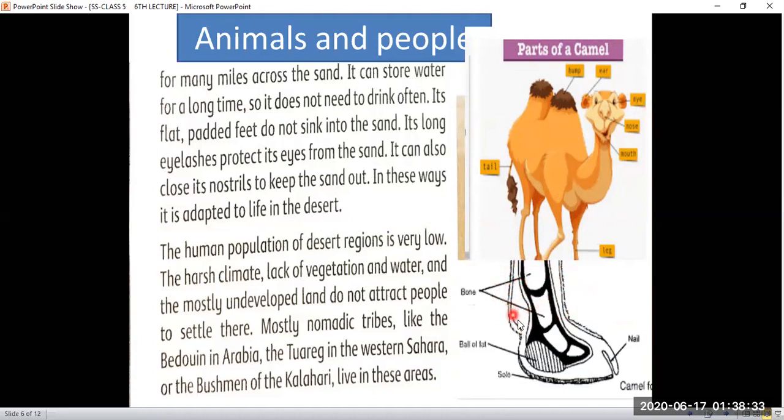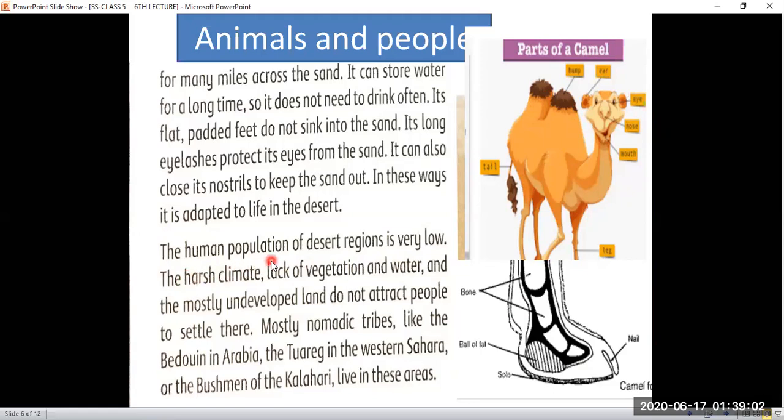Its flat, padded feet do not sink in the sand. Its long eyelashes protect its eyes from the sand. It can also close its nostrils to keep the sand out. So these are the ways the camel is adapted to life in the desert.